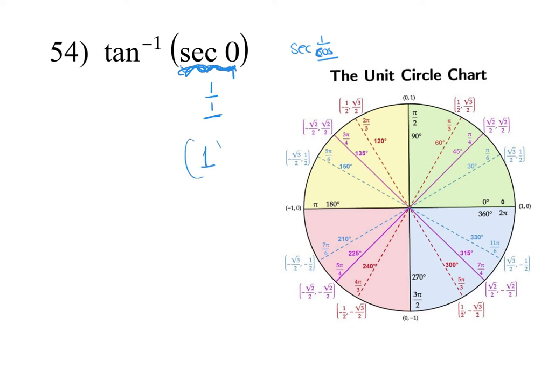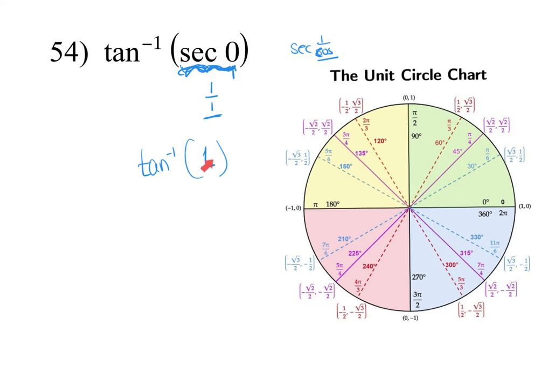And now I'm going to work the outside, the inverse tangent. So when I'm using the inverse, again, they have given me the trig function and I want my angle. So now I'm going to say tangent deals with the first quadrant or the fourth quadrant. This is positive, so it's first quadrant. And I want the angle that gives me a tangent of 1.